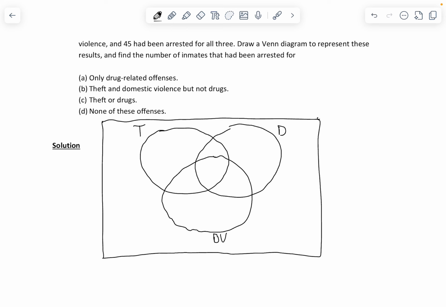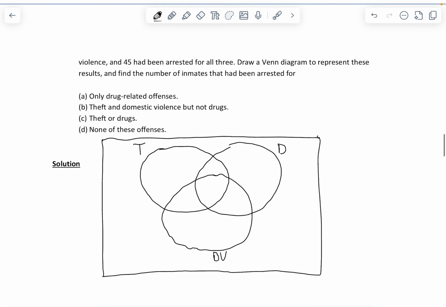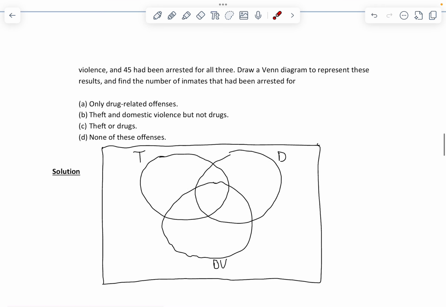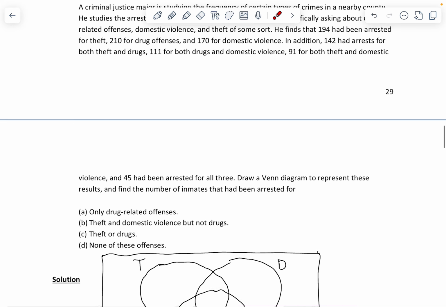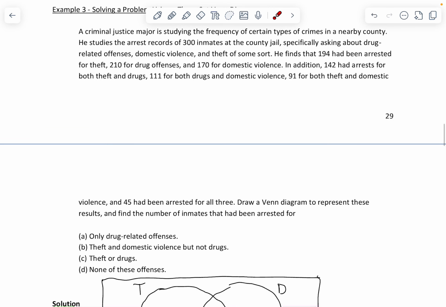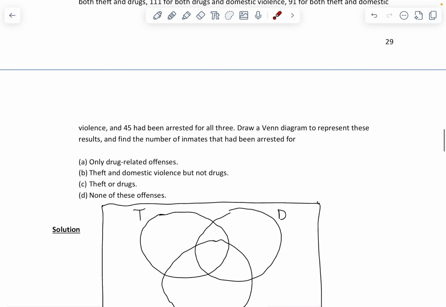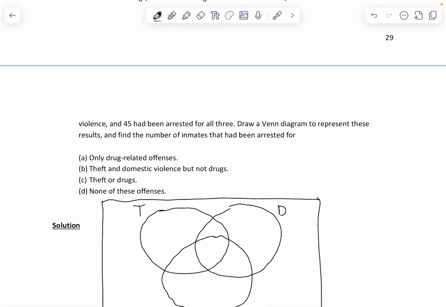Okay. So let's see what we're given here. Again, if you can fill in the innermost place where all 3 circles overlap, it's kind of helpful to start there. If I read through this carefully, I do see that it says 45 had been arrested for all 3. Okay, so that means 45 goes right there.